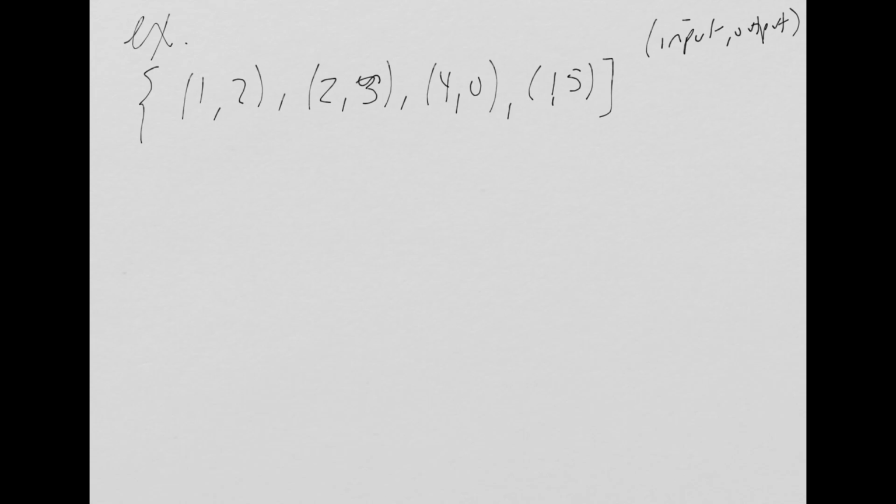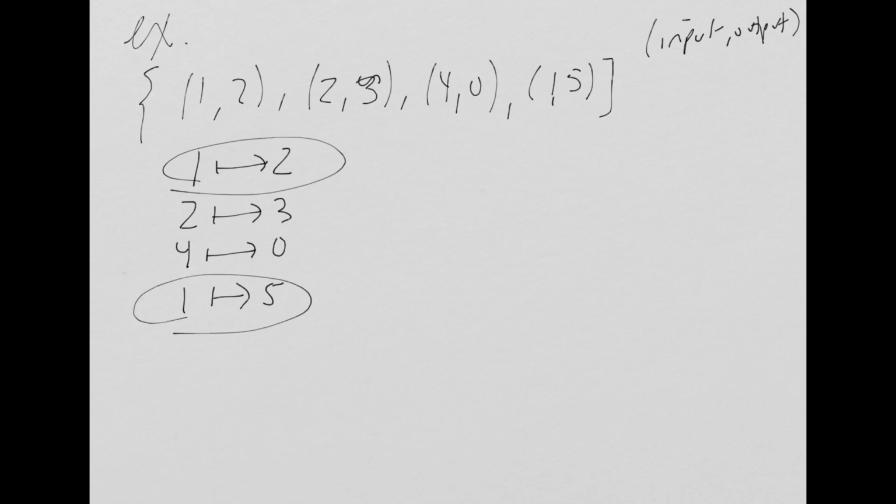So let's see. 1 mapped to 2, 2 mapped to 3, 4 mapped to 0, but also 1 mapped to 5. As soon as you see that the same X mapped to two different Y's, this is not a function. You can't have the same X value mapping to two different Y values.